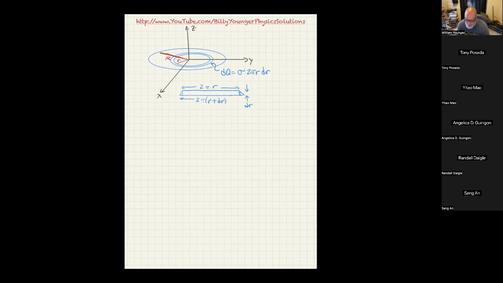So you can see we're actually treating it like it's a rectangle. We're ignoring that little triangle on each end. I can actually show you that technically the whole area of that ring is pi times (r plus dr) squared minus pi r squared. And if you calculate that out and square the binomial, what you'll find is this differs from that differential area element, 2 pi r dr, only by a dr squared.